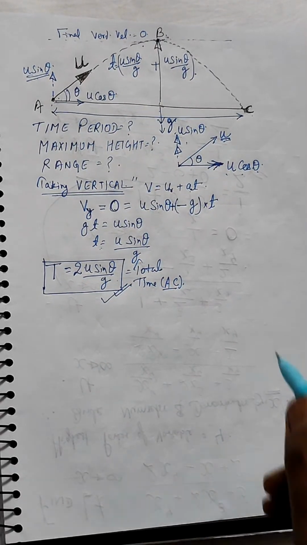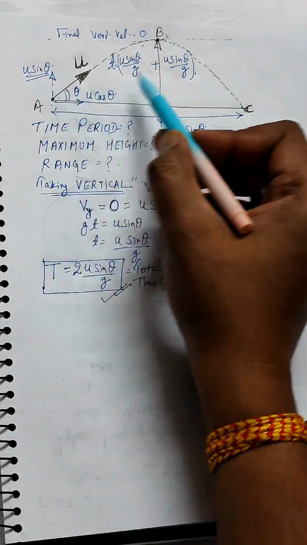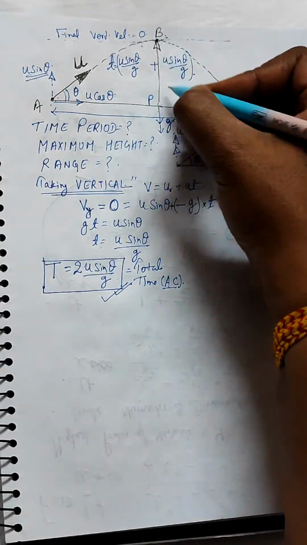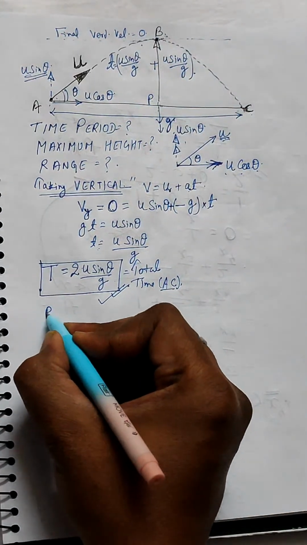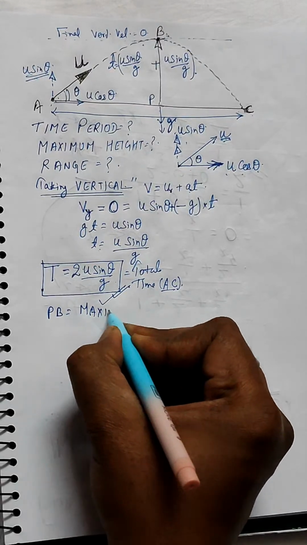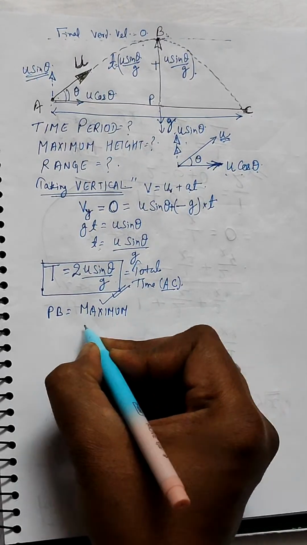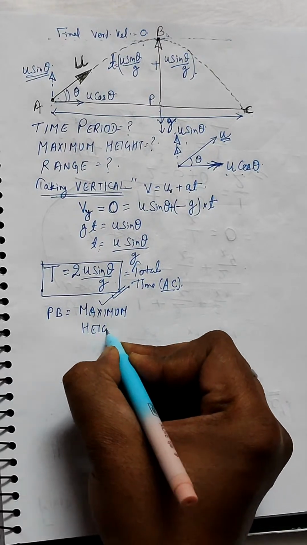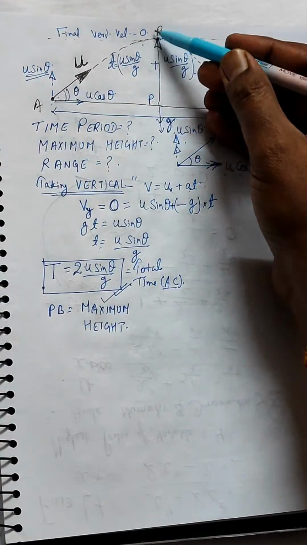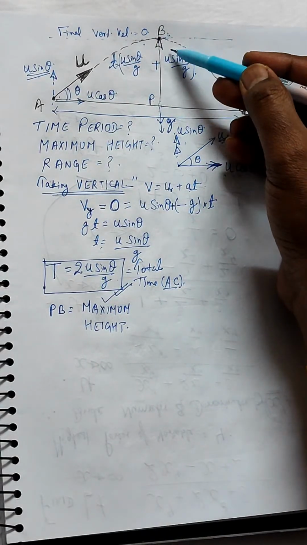Now, do one thing. You need to calculate, let's say this is P, PB. What is PB? PB is the maximum height attained by the projectile. Watch this.